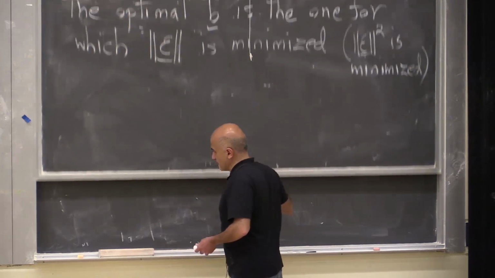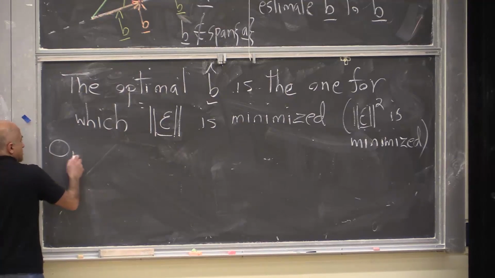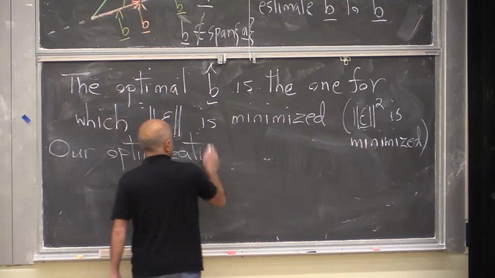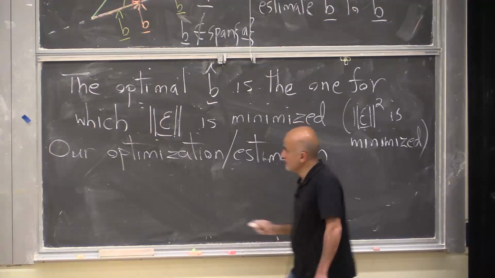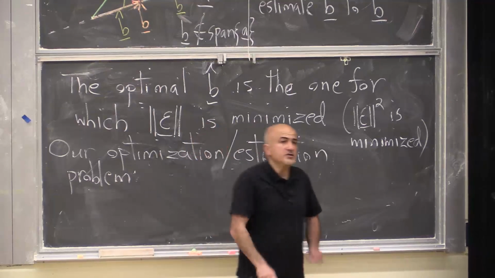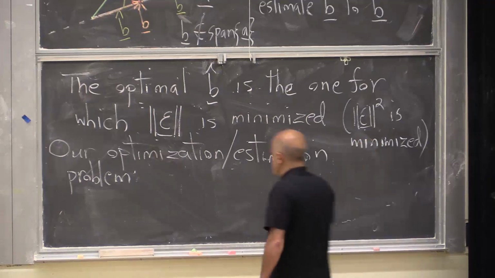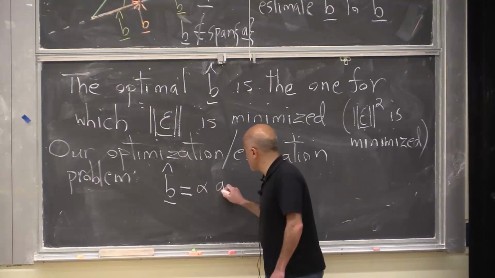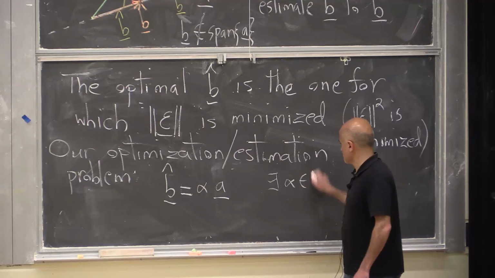So here's our optimization problem then. I'm going to formulate it this way. Our optimization problem, or estimation problem, whatever you want to call it: I've told you that you're stuck along the subspace spanned by A. In other words, your estimate has to be some scalar multiple of the vector A for some scalar in R, right?